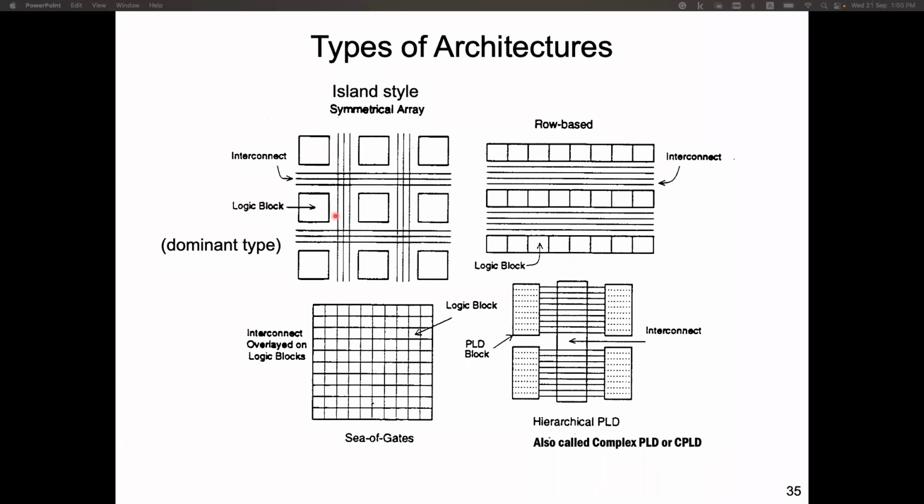They just overlay with each other. Then this is the complex programmable logic device approach, CPLD, hierarchical PLDs. So we have some PLD blocks with interconnect between the different PLD blocks.